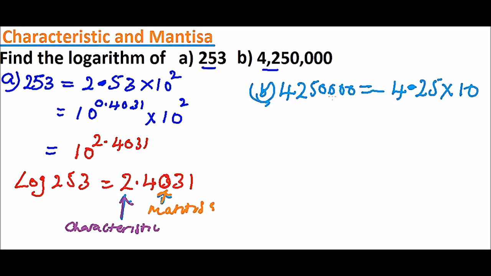That is 1, 2, 3, 4, 5, 6, so we move the decimal point from here 6 places to the left.